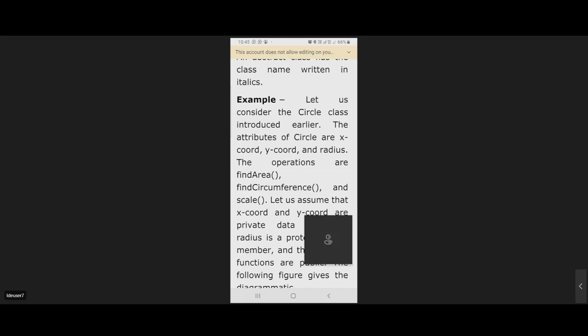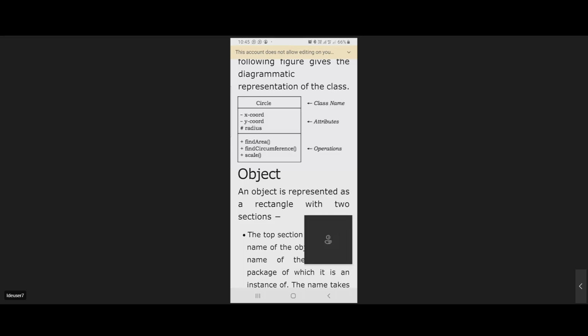Circle is the name of the class, therefore it is at the top of the diagram, in the rectangle region. Next, in the middle we define the attributes: x coordinate, y coordinate, and radius. The minus symbol leads x and y coordinate, therefore they are private attributes. And the hash symbol leads the radius, therefore it is a protected attribute.